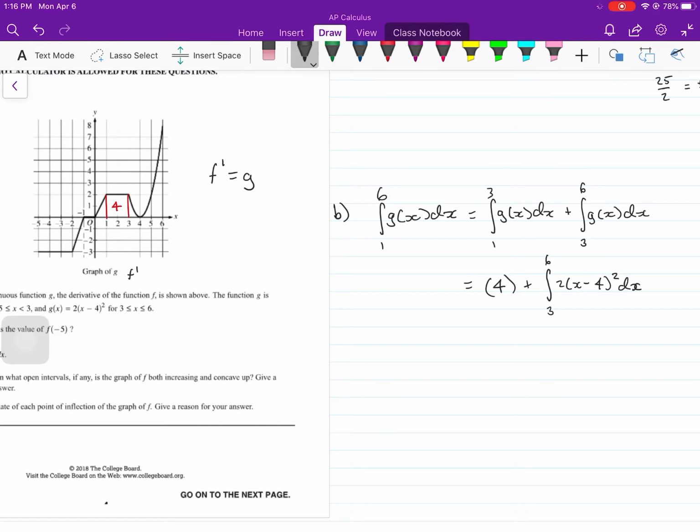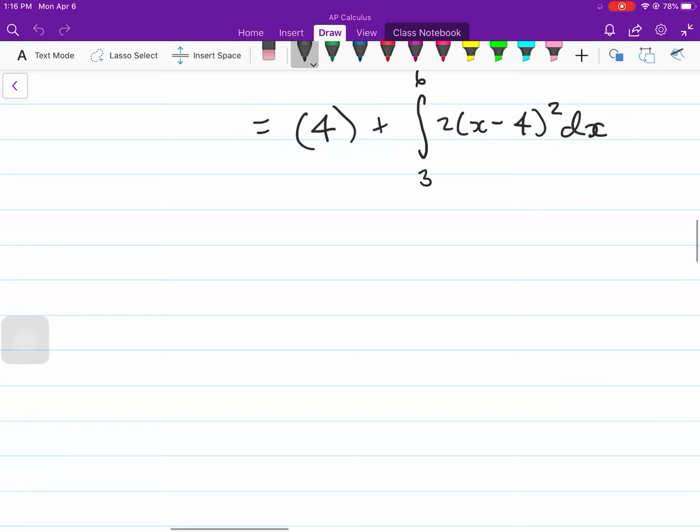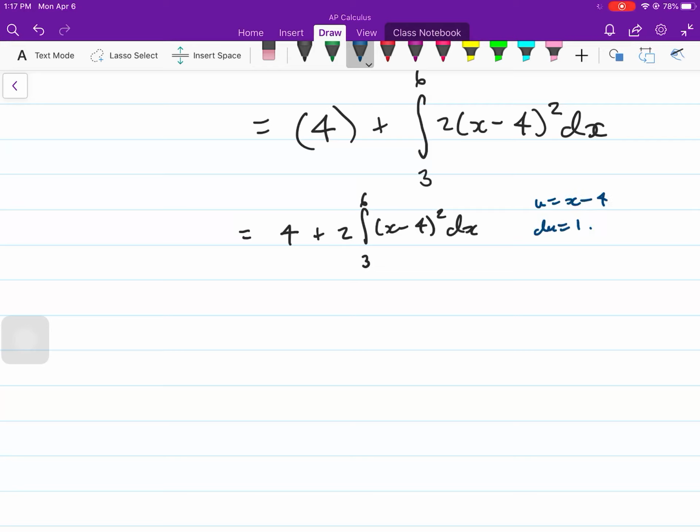So let's go ahead and just evaluate that. So that's going to be 4 plus 2 times the integral from 3 to 6 of x minus 4 squared dx. Let's use a u substitution on that. So u is going to equal x minus 4. du equals 1 dx, so then du equals dx.